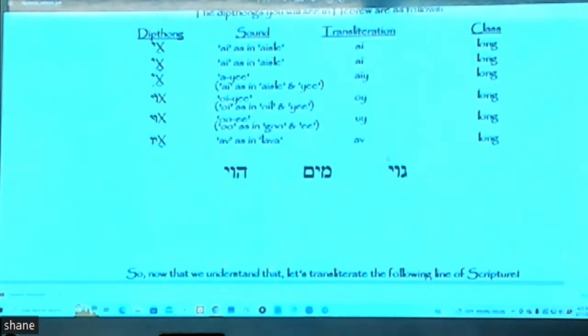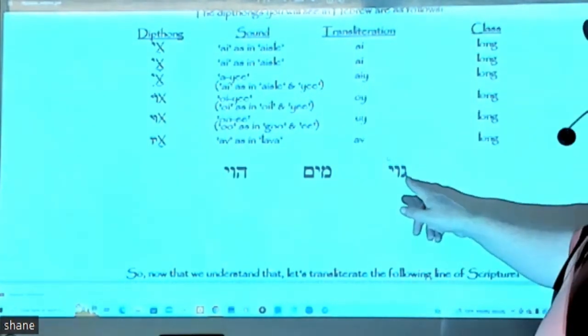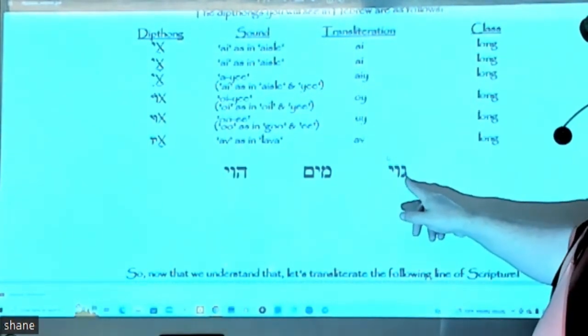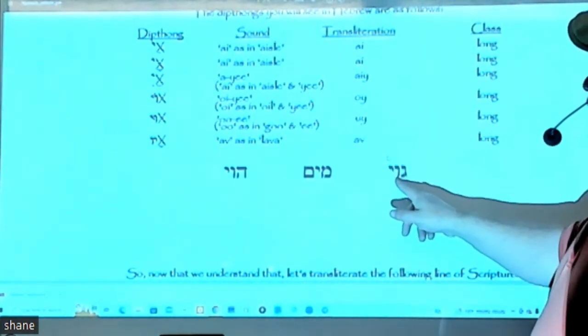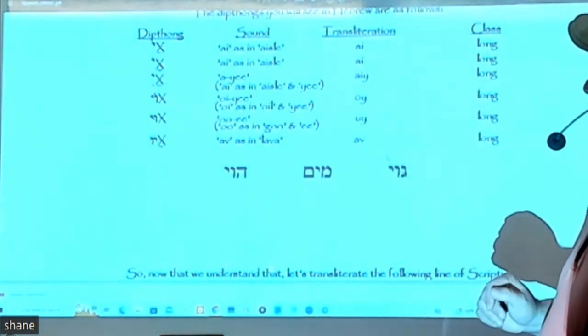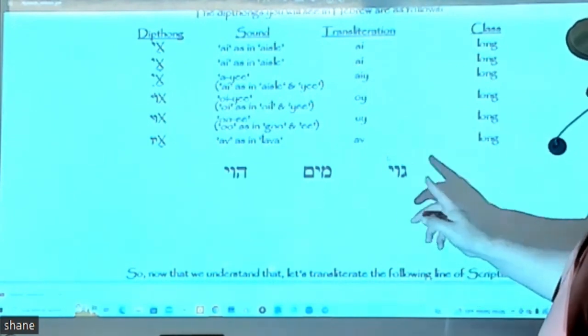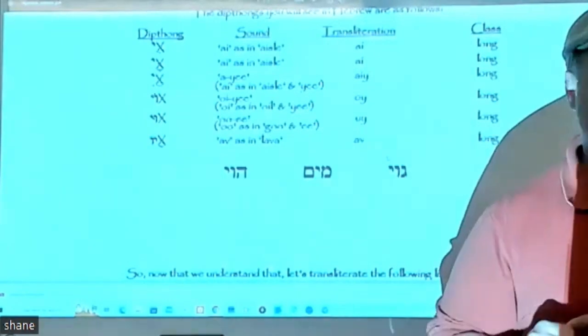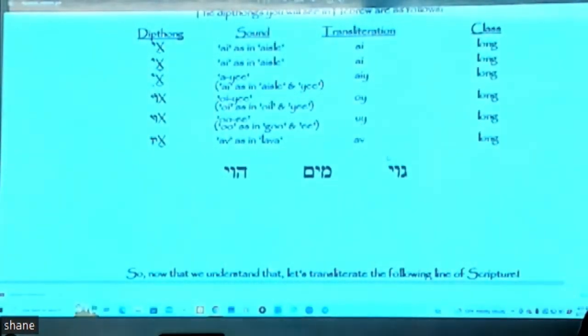So let's take the first one. We have the letter Gimel, and then we have a Wa and a Yud. What possible sounds can that one make? It can make gooey. And what else can it make? Goy.